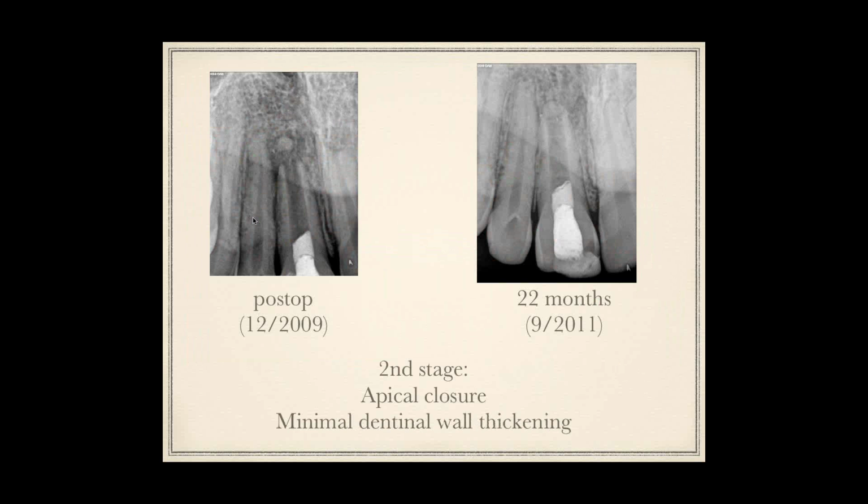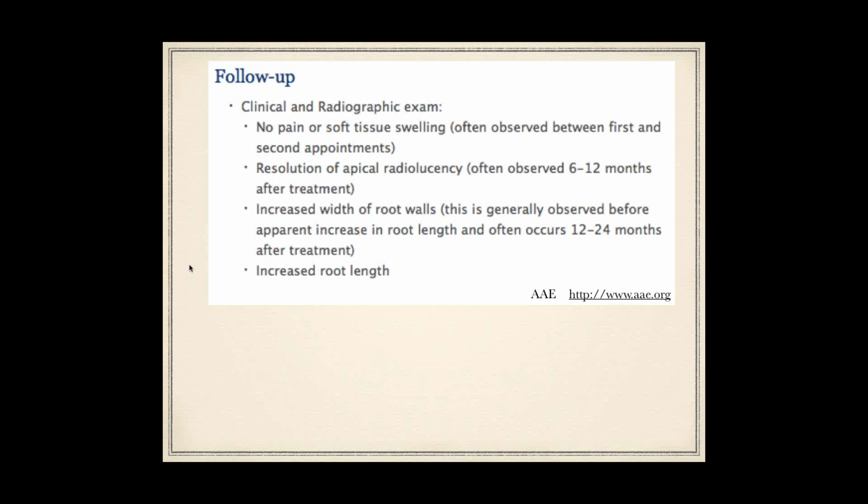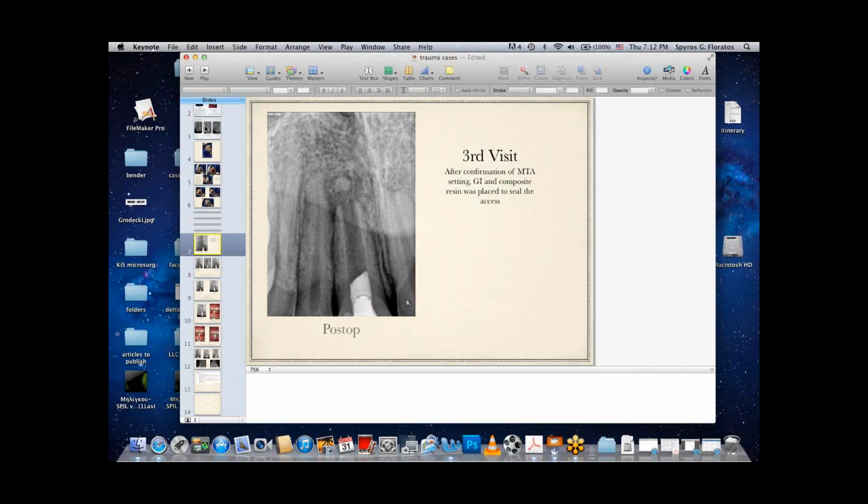Spiros, apical to the root, in this picture, if you take a look at this image on the top left, there seems to be a thickening of the bone just apical to the apex. Yes, that round radiopacity, which, if I go back to the previous images, was present on the preoperative X-ray as well. Do you have any idea what that is? Is that a fractured piece of tooth?